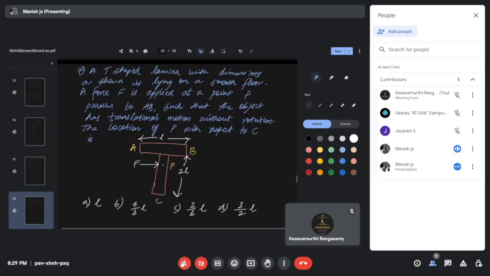So you find out what is the mass that is going to act, and then you will calculate the translational motion of P with respect to C. Okay, so force is acting exactly at that point P. That's what we have told in the question.